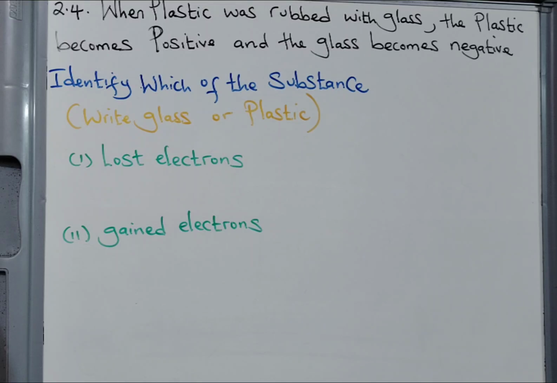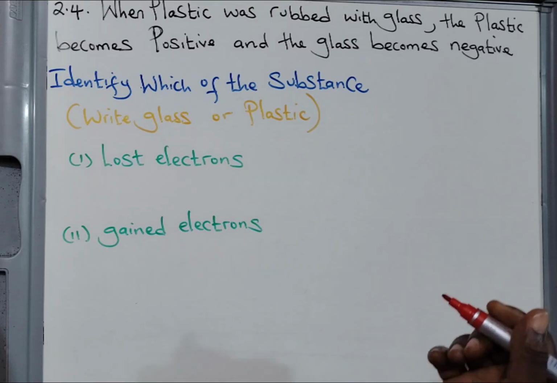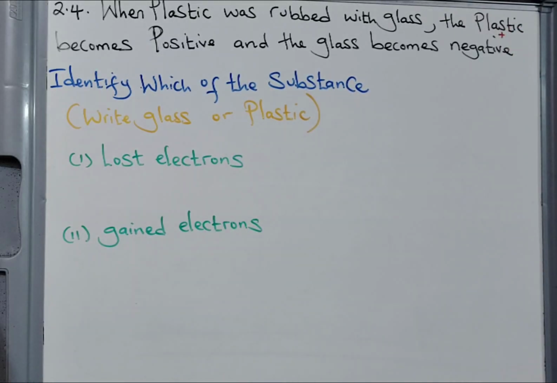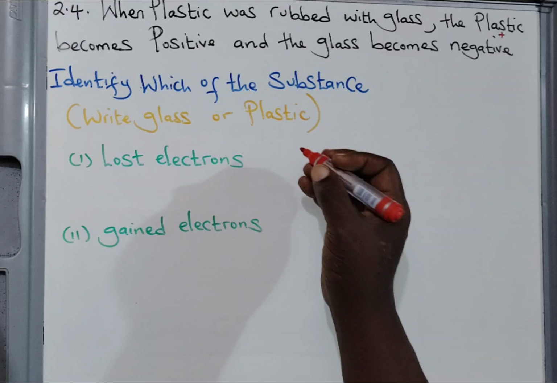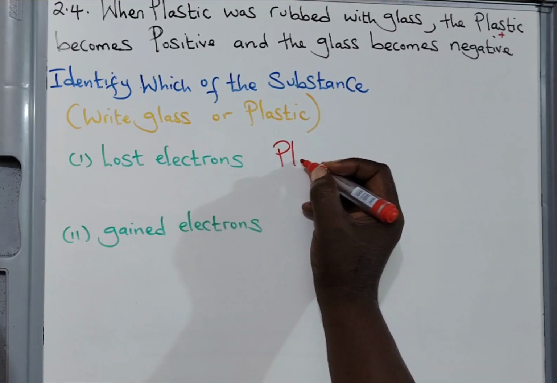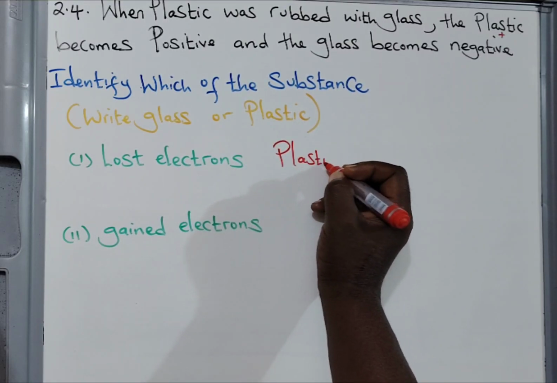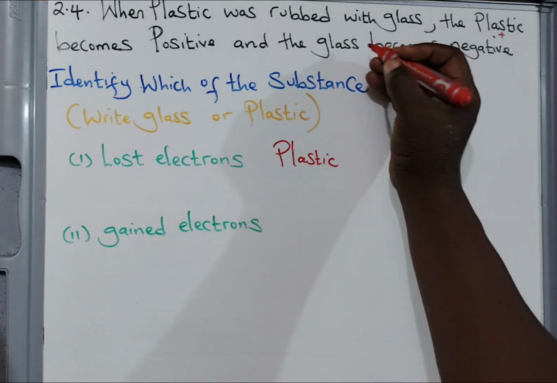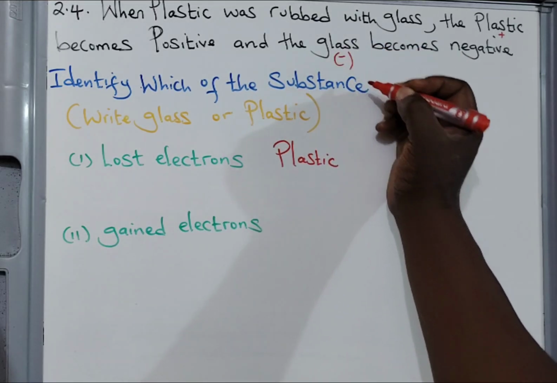You have to know that the one which lost becomes positive. So what became positive was plastic. So the answer is plastic. And the one which gained the electron becomes negative. So which means that glass is negative.